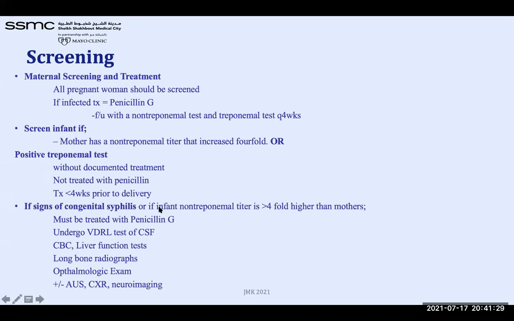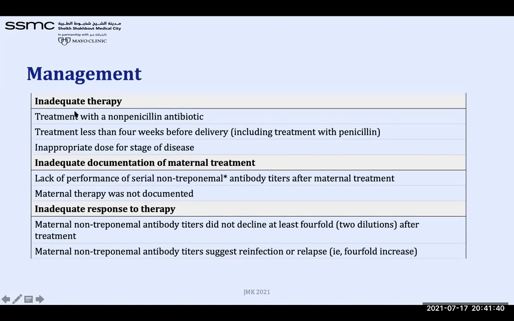If there are signs of congenital syphilis, as we discussed, then we have to do all these tests: CBC, liver function, ophthalmological exam, and so on and so forth. So, what is the meaning of inadequate therapy?